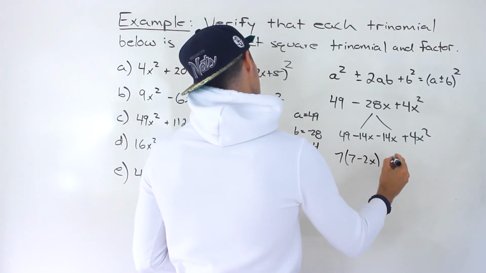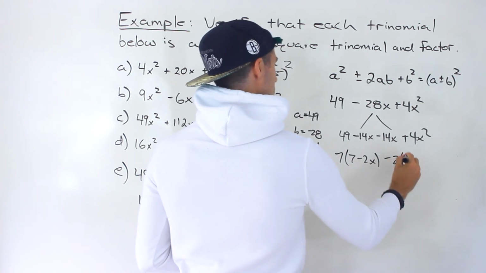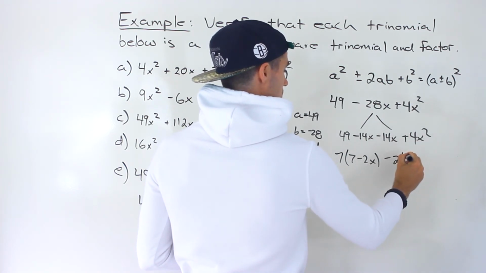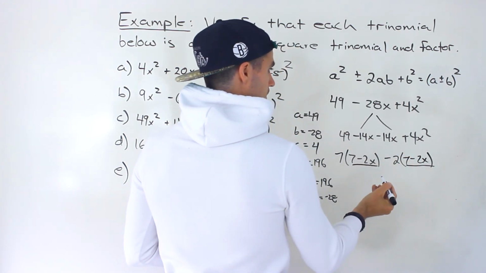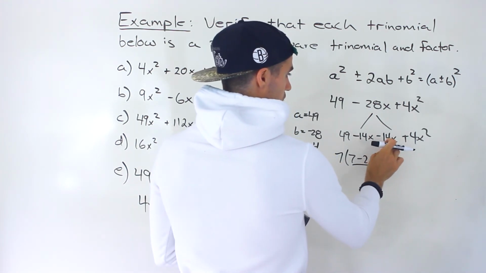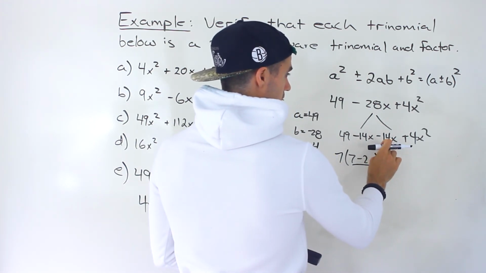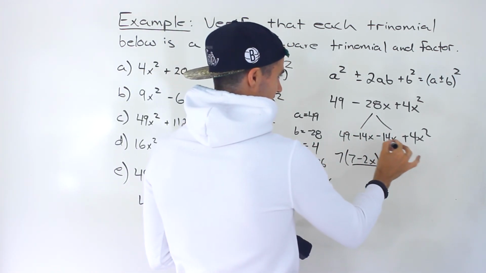We could take out a minus 2 from these two. So we're left with 7 minus 2x. Sorry, my bad. From these two, okay, in steps here. It's just a different format, so even I'm taking a little longer.